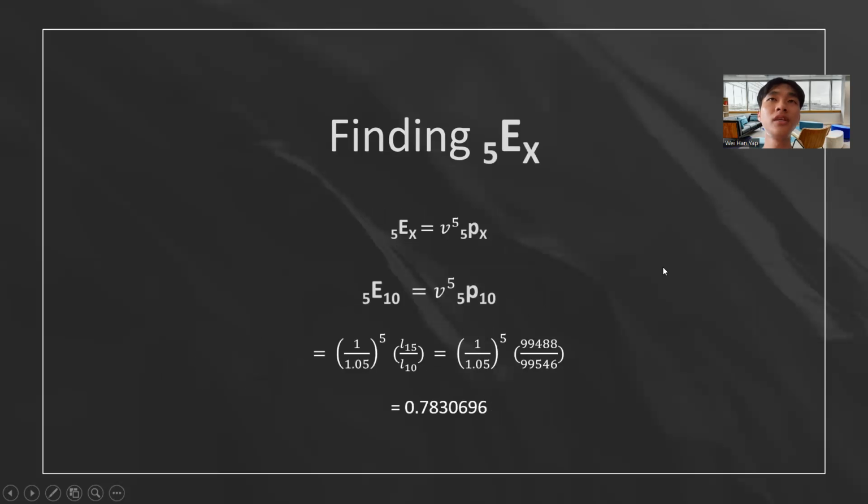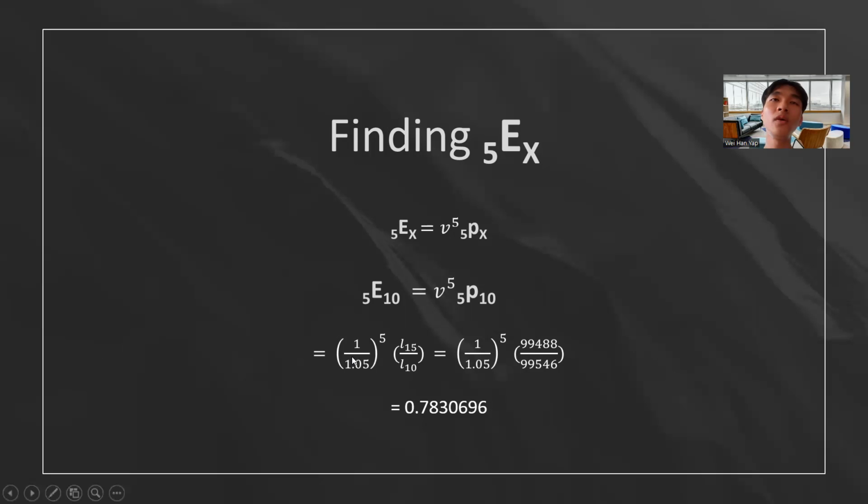Now we are moving on to 5Ex, which is our pure endowment. The formula for pure endowment is v to the n and then n px. We are choosing 10 as example again. 5E10 equals v to the power of 5 times 5p10. What is 5p10 actually? 5p10 is l15 divided by l10.